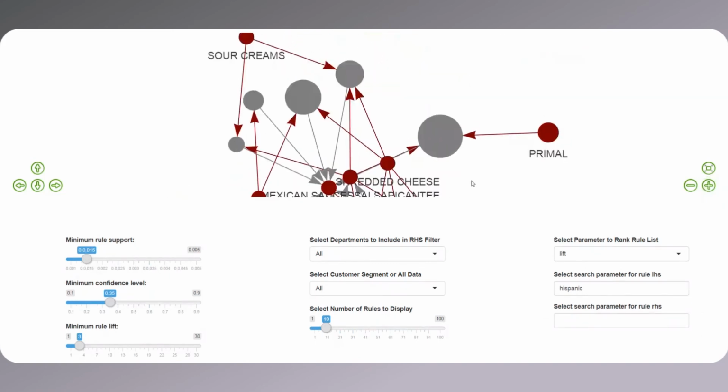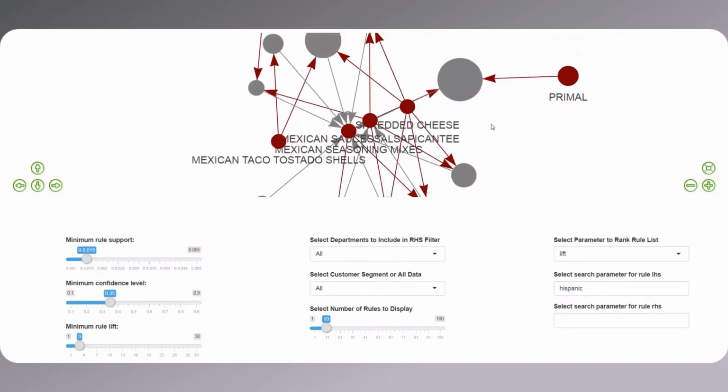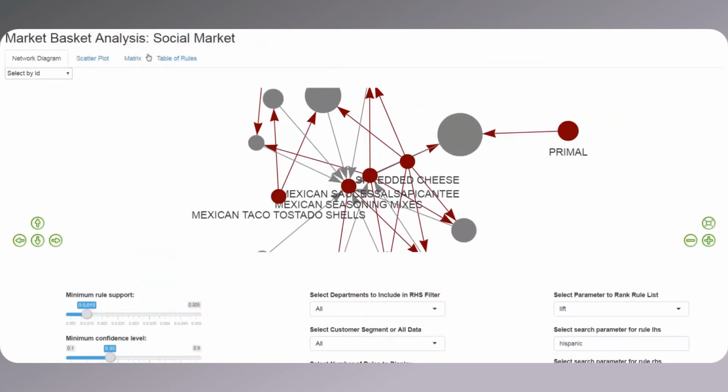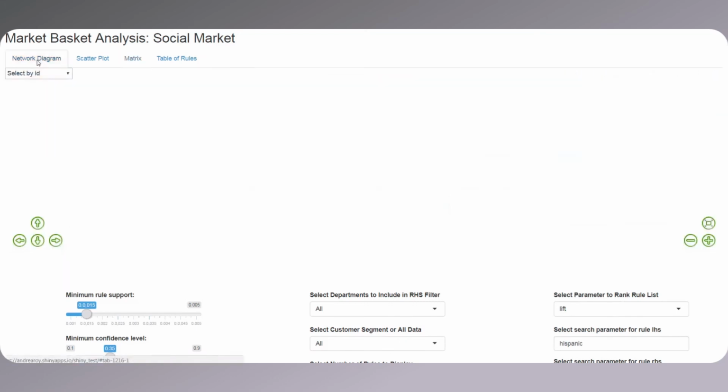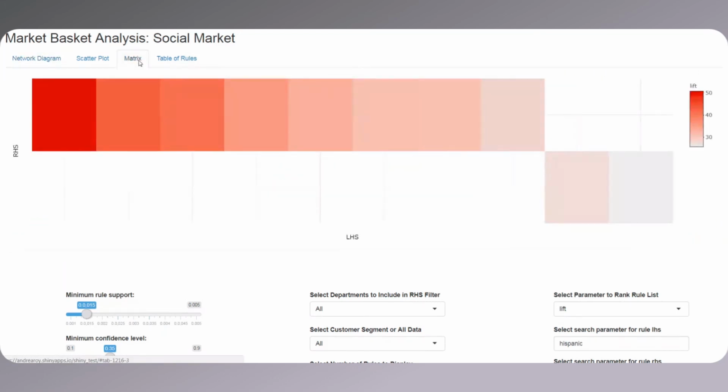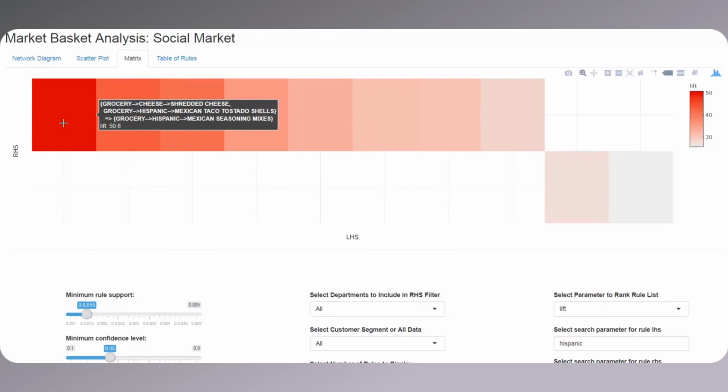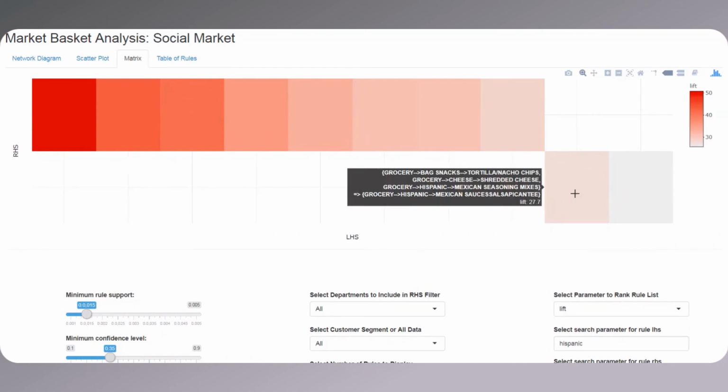So the relationships for these products are so intertwined that it's pretty difficult to look at in the network form. We'll take a look in the form of a matrix. And here we can see that the matrix shows us only 2 rows. So it's hard to tell in this messy network diagram, but basically there's 2 items on the right-hand side: Mexican seasoning mixes and salsa.